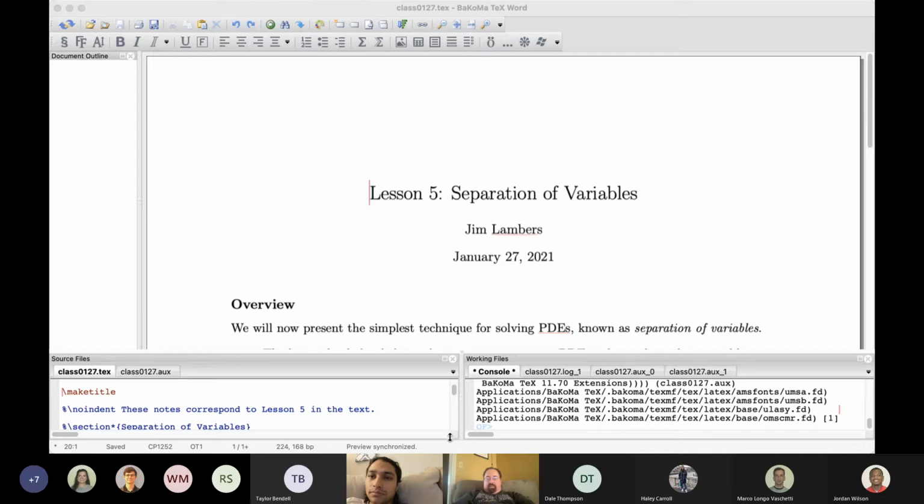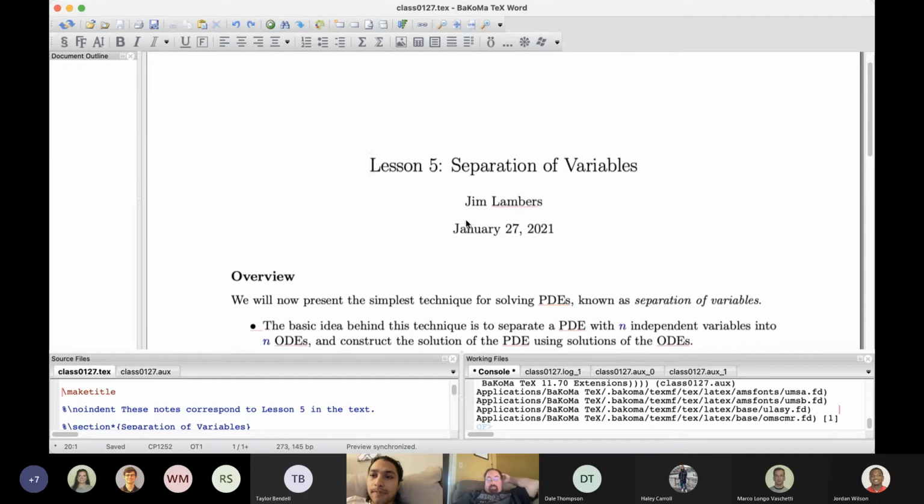All right, so this is the first time that we're going to see an actual systematic approach to solving a PDE, or really an initial boundary value problem, where we have a PDE, initial conditions, and boundary conditions. This technique is called separation of variables.